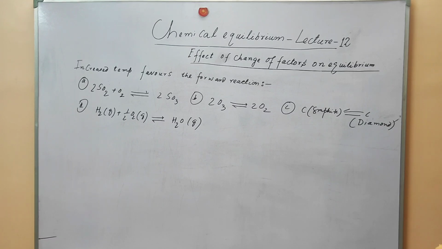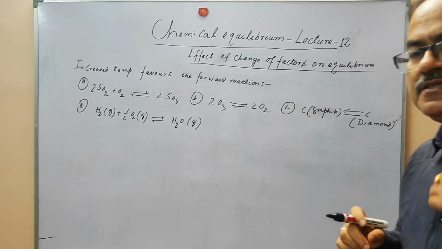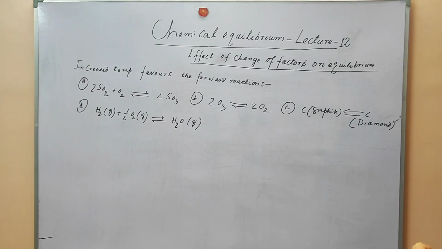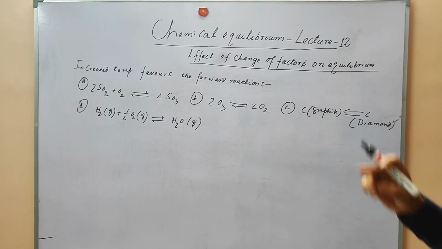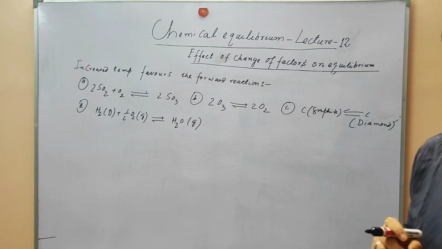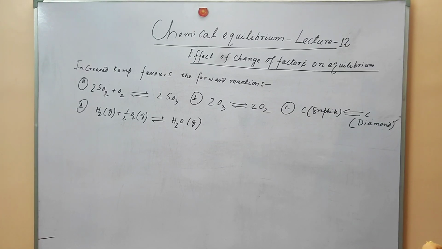Here you can see, when we change the temperature the reaction will proceed further, and that will be possible only for those reactions where the enthalpy change is positive, meaning an endothermic reaction. So you have to identify which reaction is endothermic. Take the first reaction, SO2 plus O2 giving SO3.